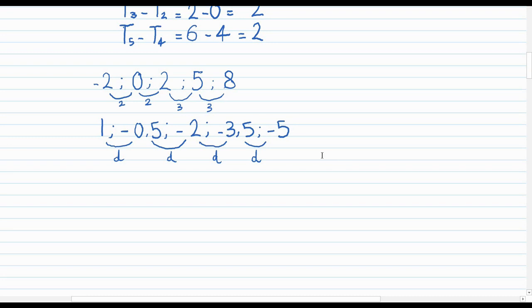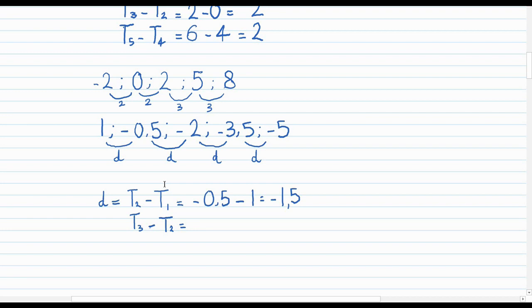I use this example mainly to demonstrate that the common difference doesn't have to only be a positive difference. It can be a negative difference as well. Let's calculate it for various terms. So for the first and second term, meaning T2 minus T1, it is minus 0.5 minus 1, giving us a value of negative 1.5.